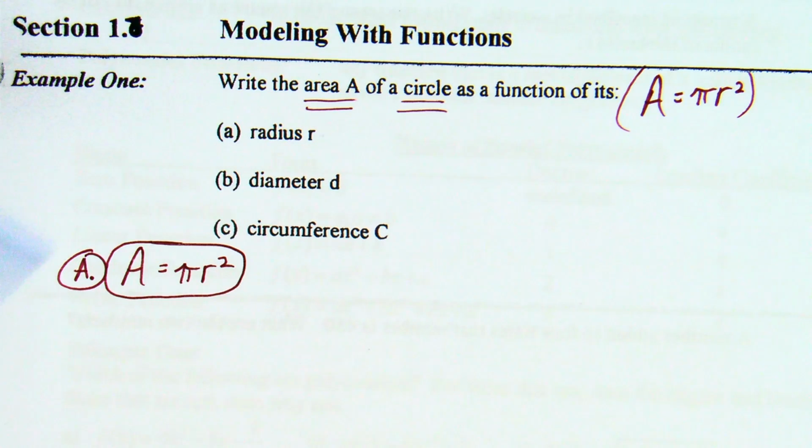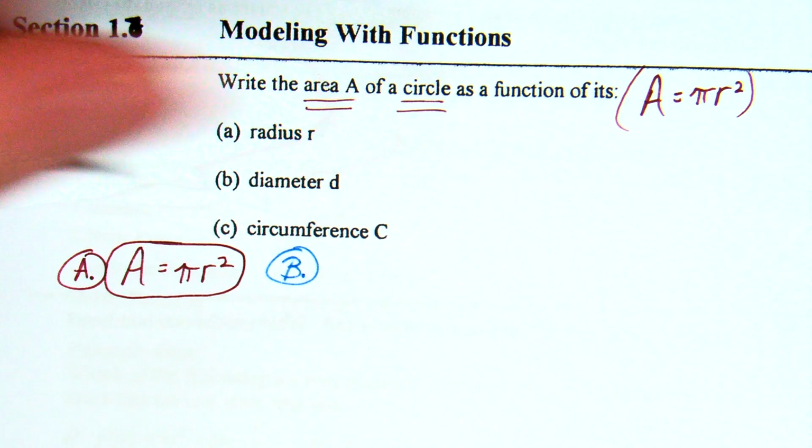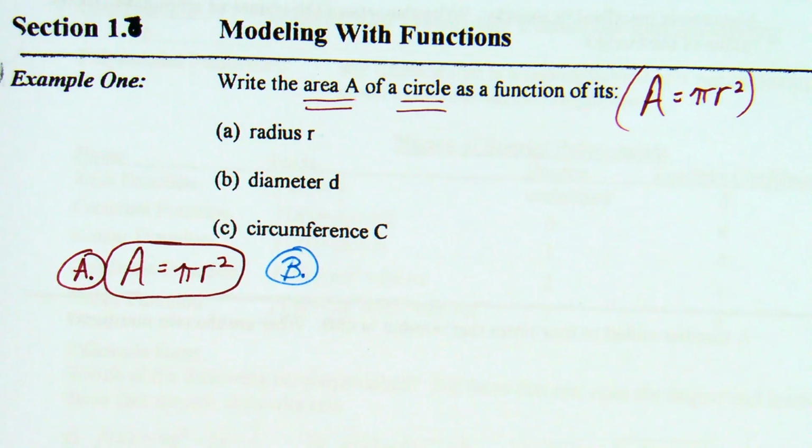So B wants us to use the same idea, area of a circle, but this time written as a function of its diameter. So I still want area of a circle, but I want to use diameter in there instead of radius. In order to do this, what you have to consider is the connection between radius and diameter.